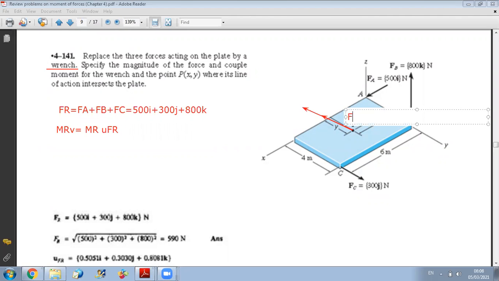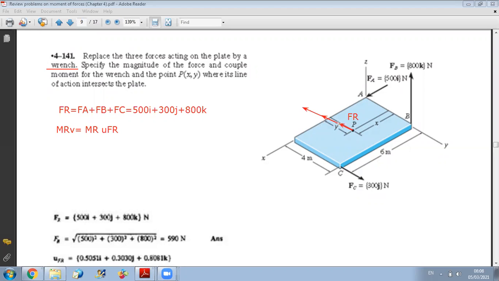The resultant force is the summation of forces acting on your body. You have three forces acting on your body. So you know your resultant force. It's Fa plus Fb plus Fc. So you completely know your force in magnitude, in direction, and in sense. Everything is known about it. So then you know its unit vector. You can calculate its unit vector now.